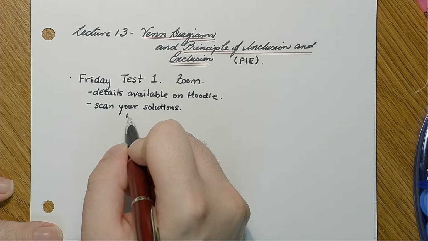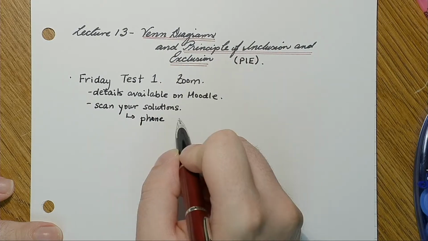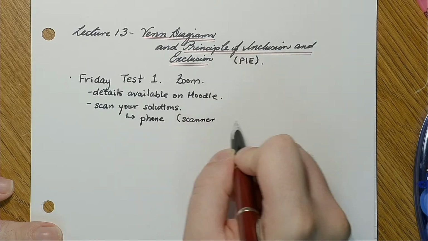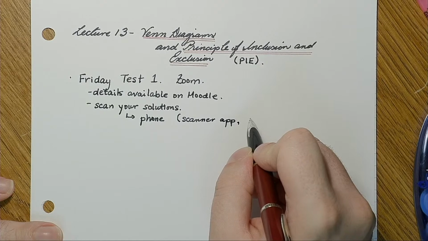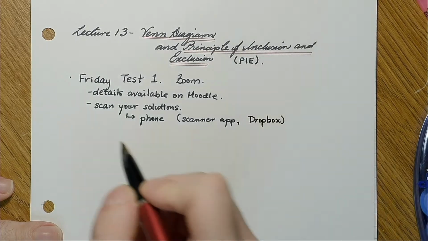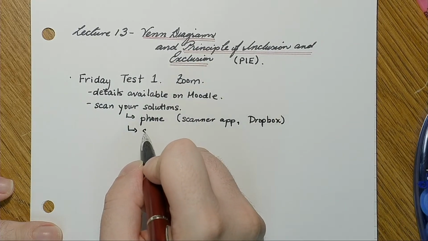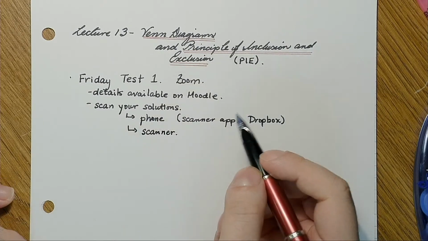You can use things like your phone, a scanner app. Don't really care which one. A suggestion could be Dropbox, or if you have a scanner that can scan pages quickly.